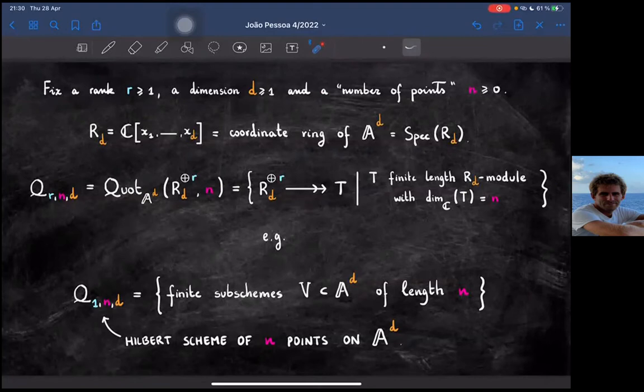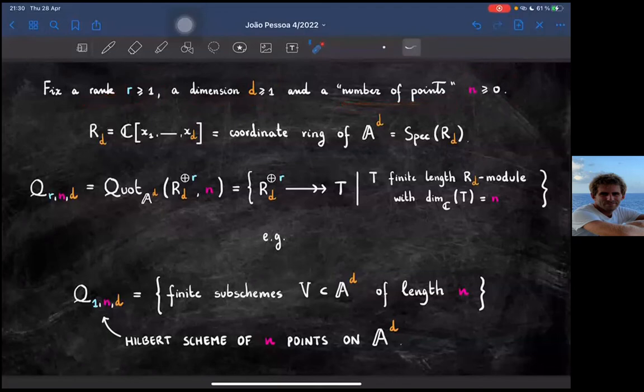So here's the data we start with. We fix 3 integers. The first integer is positive. It's a rank. It will take the role of rank, I will say. In what sense? Then we have an ambient space dimension and a number of points. Now all these 3 things will make sense in a second.